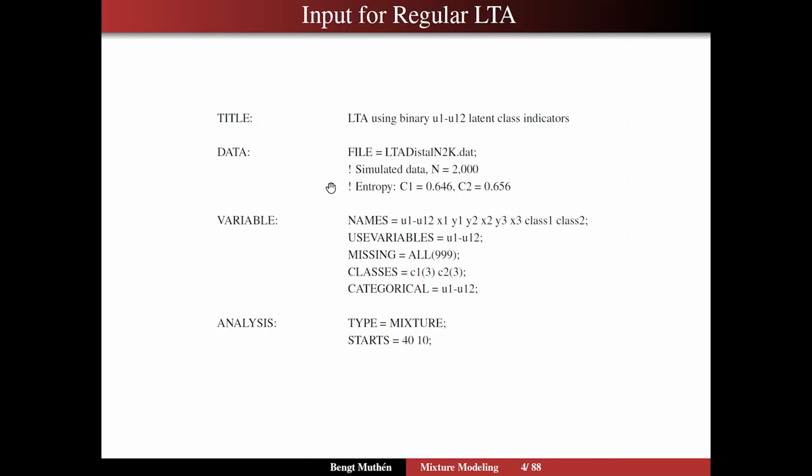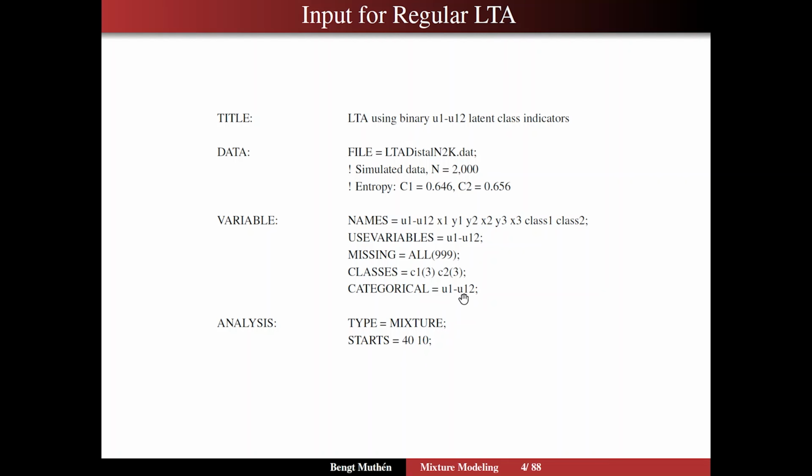And we get an entropy measurement quality for both C1 and C2 of a moderate level. Here are the names in the data set, and the variables that we're going to use are U1 through U12, with this missing data flag. We are going to specify 3 classes in each of the 2 latent class variables.